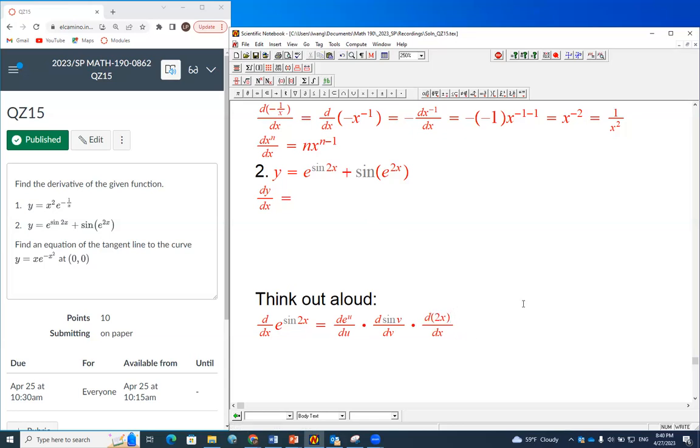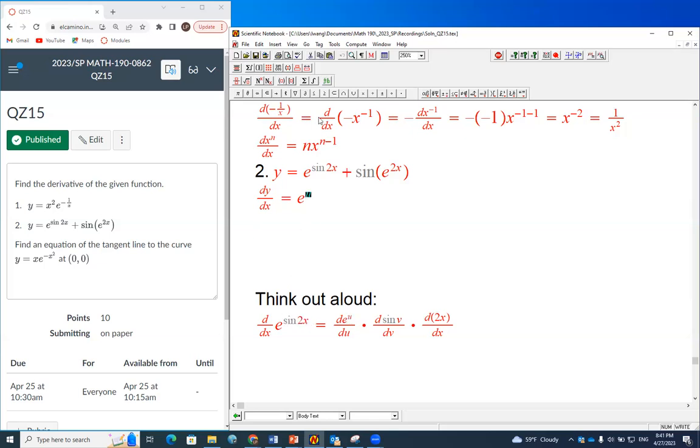So if you apply the chain rule, and that's the details of work, you can place this piece over here, or you can keep this in your head. You can write it as e to the power u, right? Because that's what you get from here, e to the power u, and you know what u is. U is sine 2x.